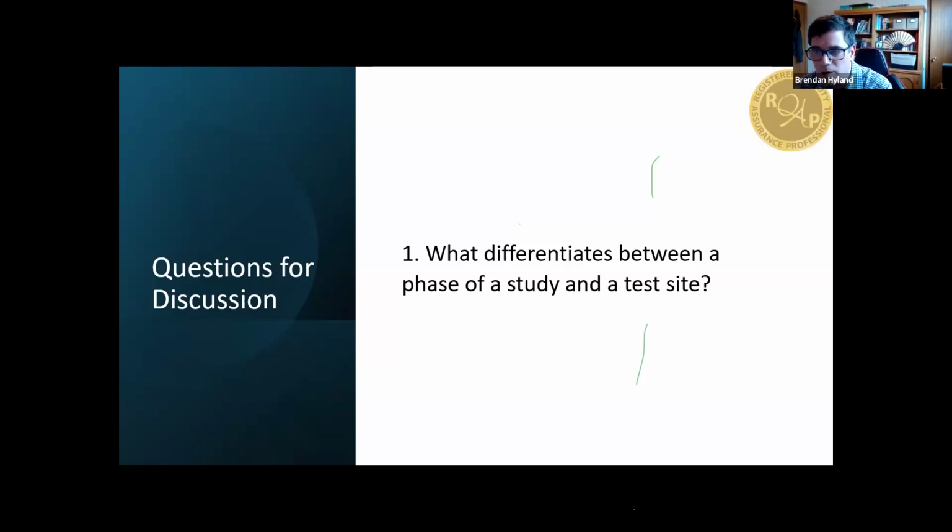Study phases are monitored in accordance with the test facility's policies. That's an interesting point. A phase of the study may be overseen by scientific experts at the testing facility, but this is still under control of the study director, right? And a test site might oversee one or more phases of a study as well.